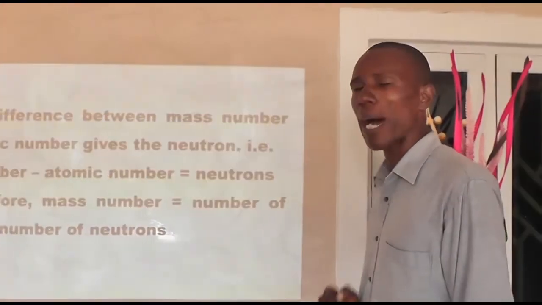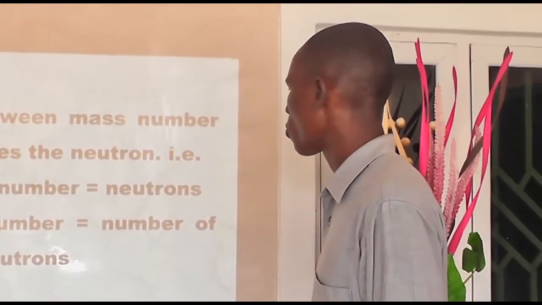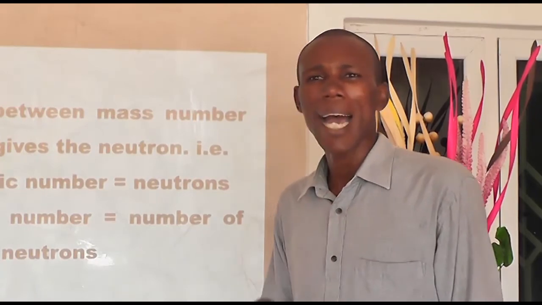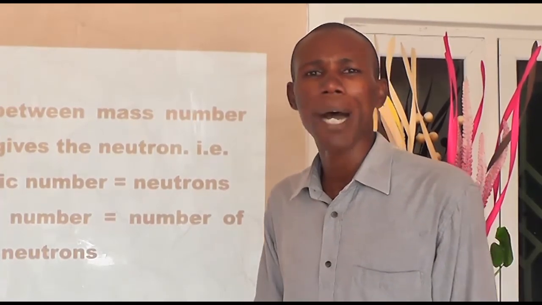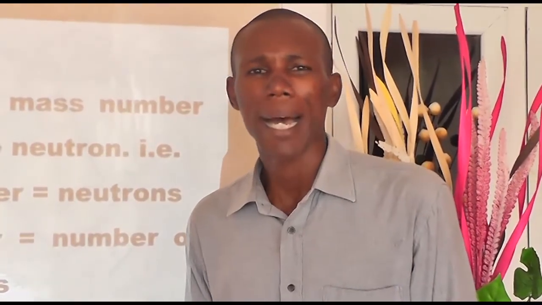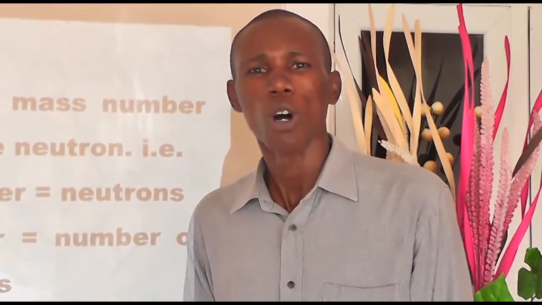Therefore, the mass number is equal to the sum of the protons and the neutrons, while the atomic number is the number of protons only. But also remember that the number of protons is equal to the number of electrons.